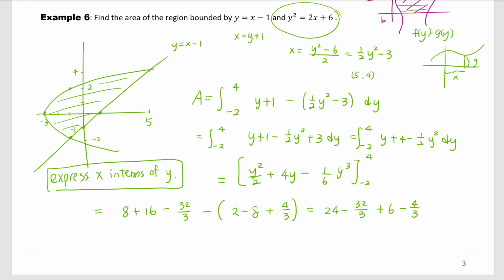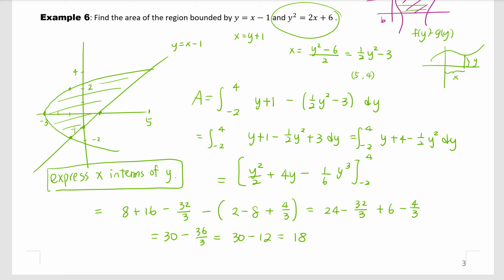So 24 plus 6 is 30, and 32 plus 4 is 36. We can divide 36 by 3. That's 12. So 30 minus 12 is 18.